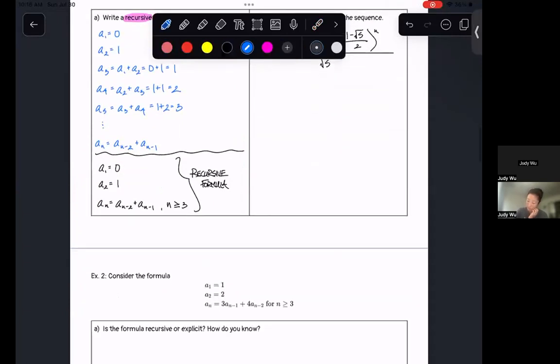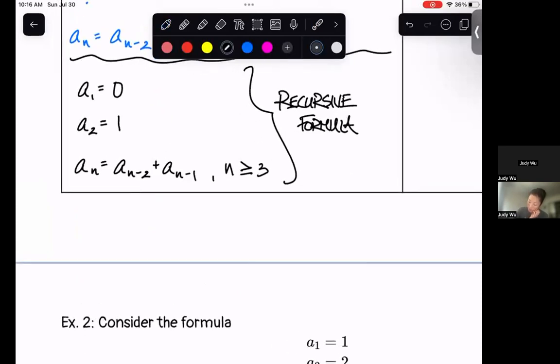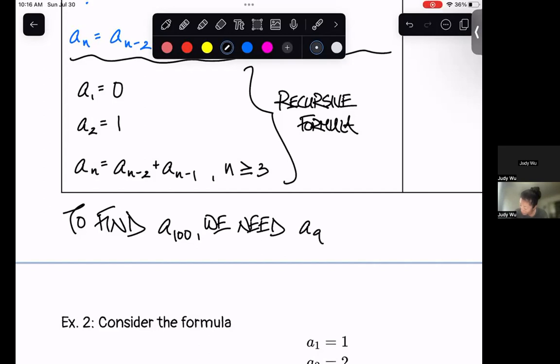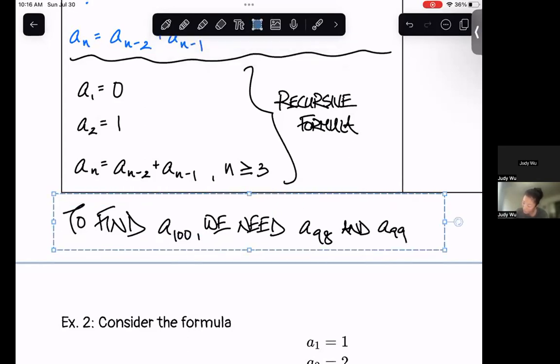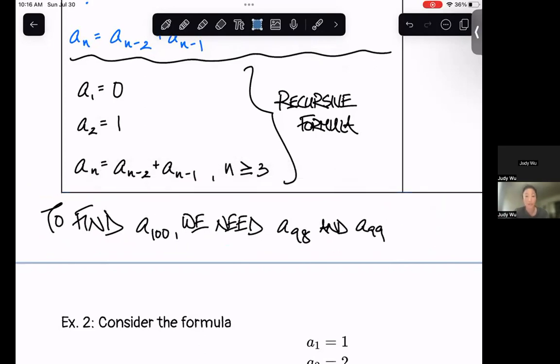Meaning, if I wanted to find, say, a sub 100, the 100th term, I would need the two terms that come before it, a sub 98 and a sub 99. So the only way to use this recursive formula, if I wanted to find a sub 100, is that I need the 98th term and the 99th term.